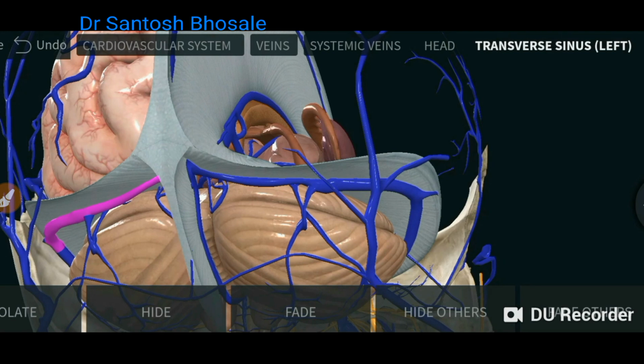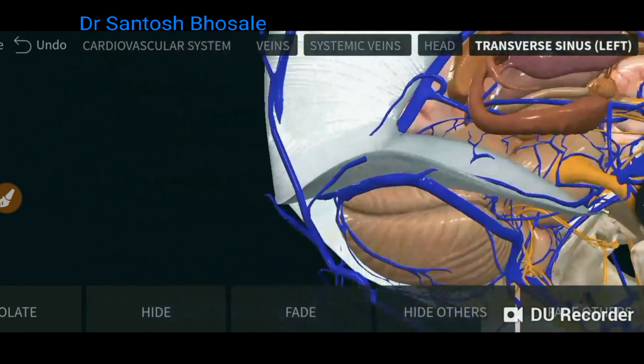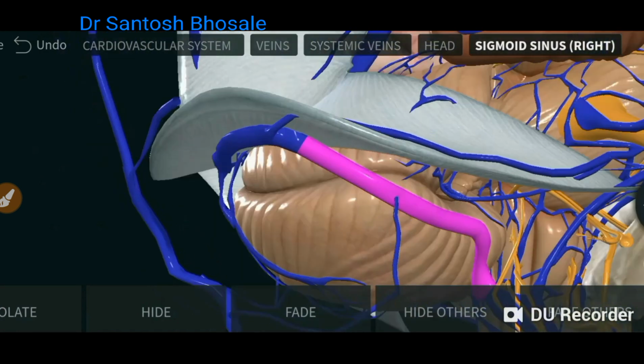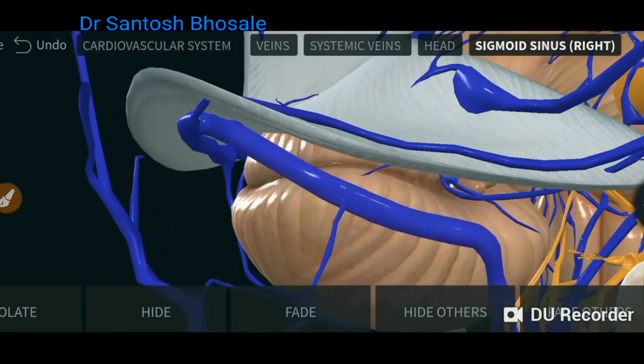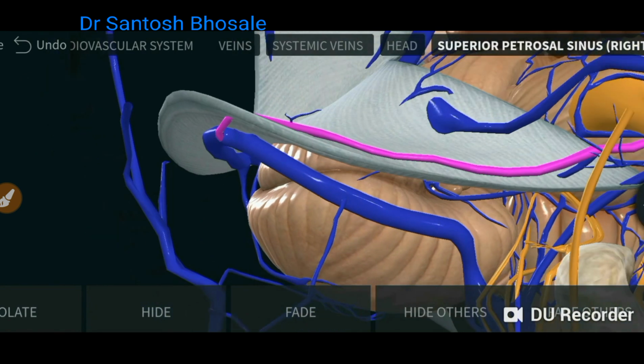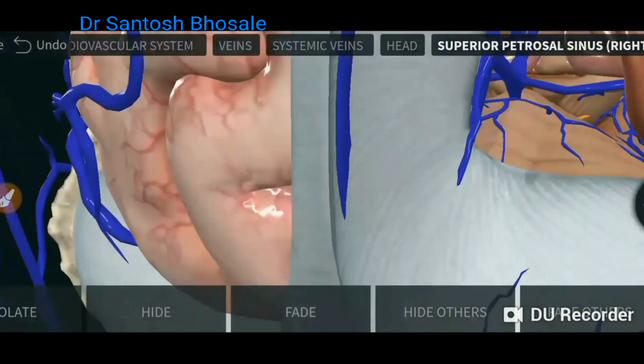Generally the right is a continuation of the superior sagittal, the left is a continuation of the straight sinus, and at the mastoid angle of the parietal bone it will continue as the sigmoid sinus here. It mainly drains the superior petrosal sinus, inferior cerebral veins, cerebellar veins and temporal diploic veins. You can see the sigmoid sinus here. So the transverse sinus and sigmoid sinus together are called the lateral sinus.